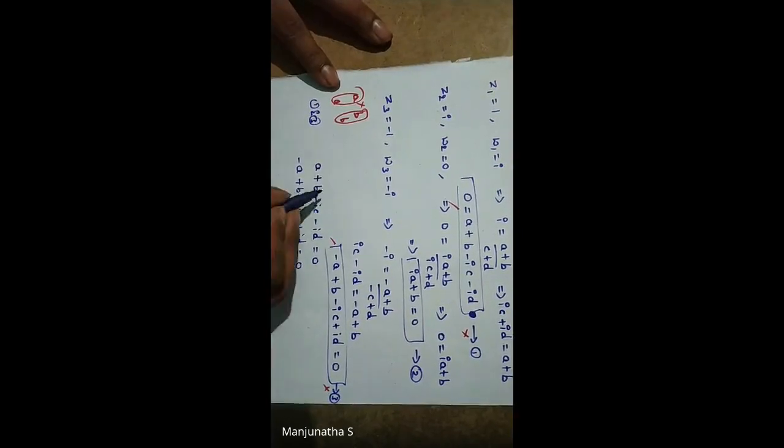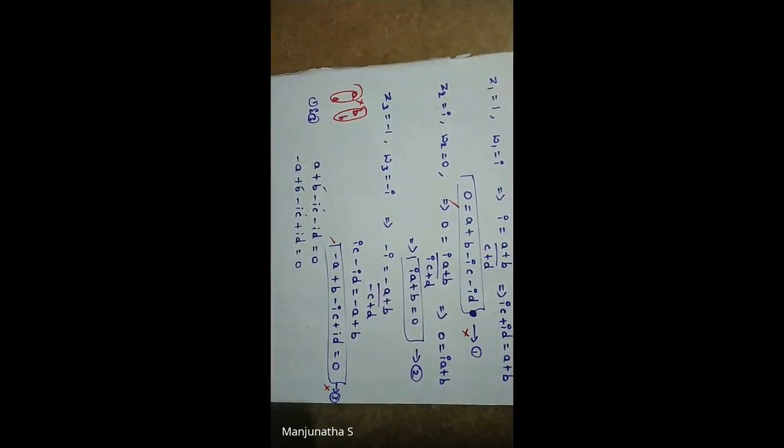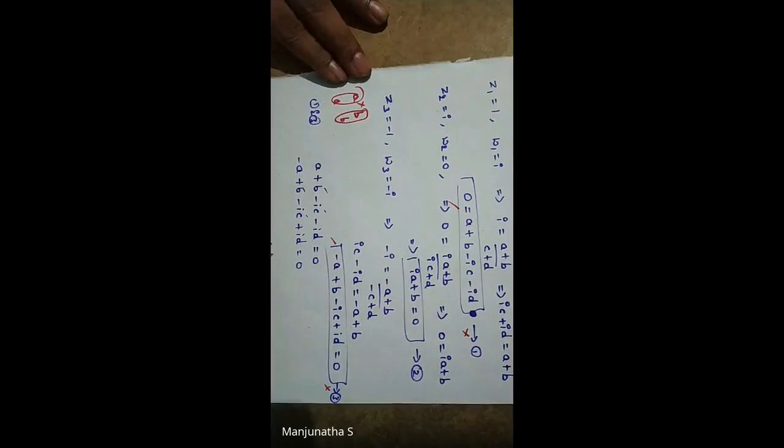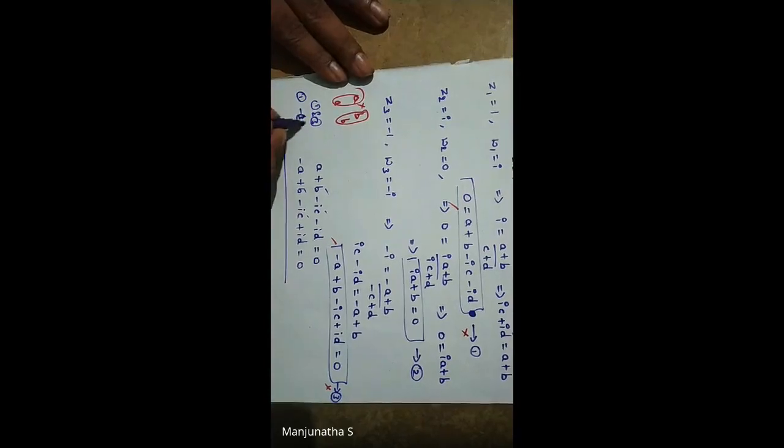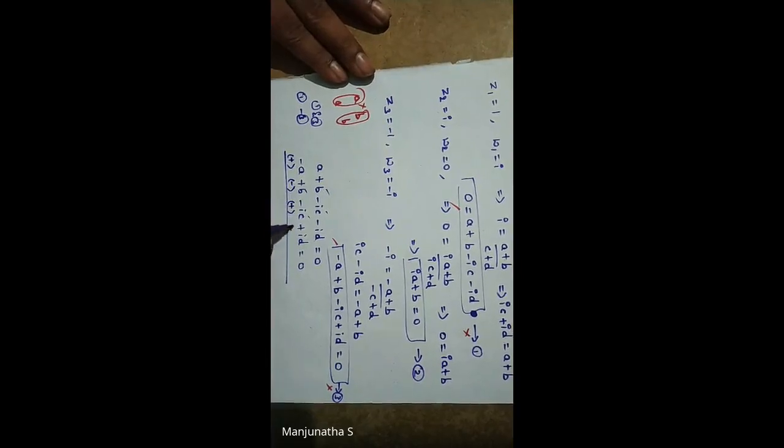The same terms, b and -ic, are there. We can subtract them, or if you add also you will get a result. So we'll subtract. When you subtract 1 minus 3, we need to change the signs: minus becomes plus, plus becomes minus.